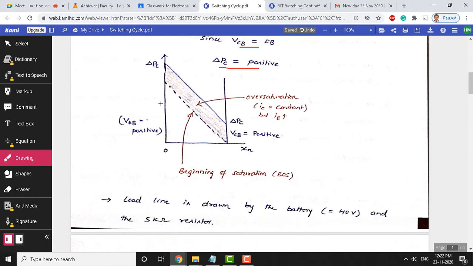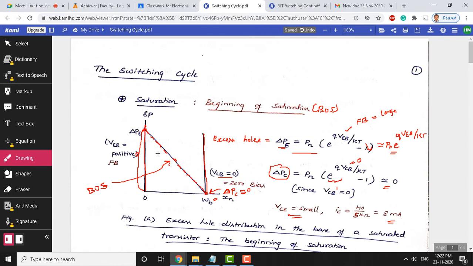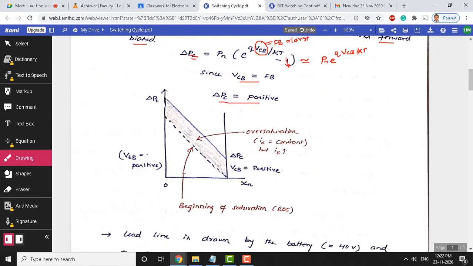Now we can show this in the graph. You have already seen this graph above, the graph for the commencement of saturation. The arrow mark is shown for the beginning of saturation, BOS, and if you apply delta PC by forward biasing the collector base junction, you can see this is the excess hole concentration at the collector base junction.